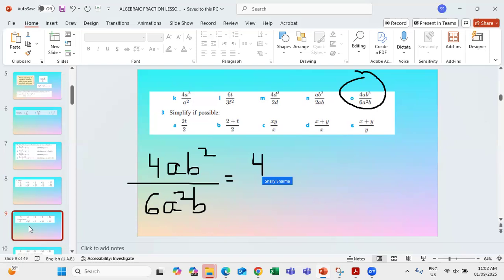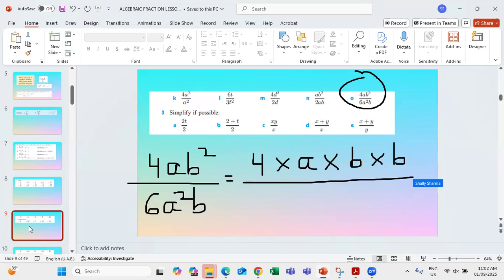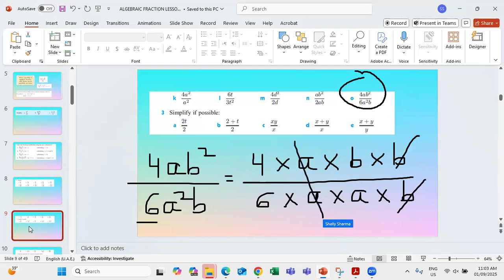So this is 4 times a times b squared, which is b times b, divided by 6 times a squared times b. It is not mandatory that you have to do the simplification in the first chance only. If let's say you simplify one step and you feel like there is more to simplification, you can do it in the second step. So b and b got cancelled and a's got cancelled.